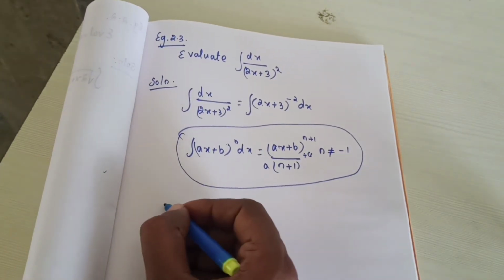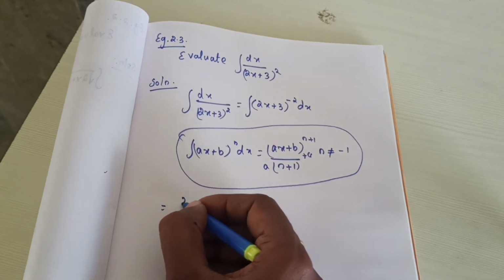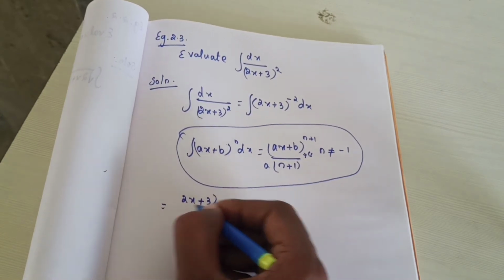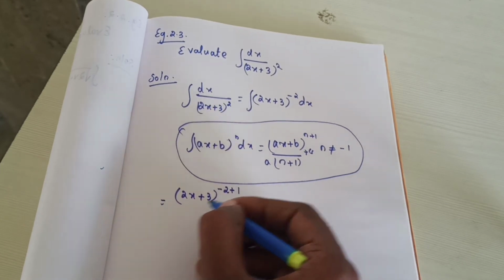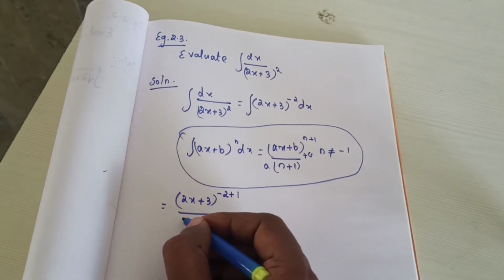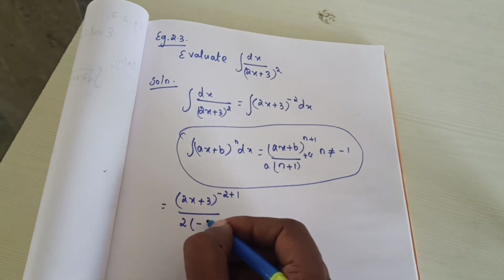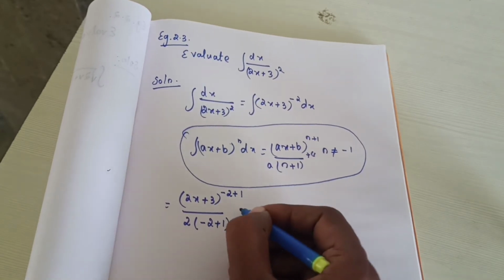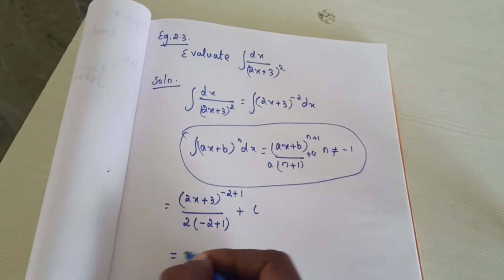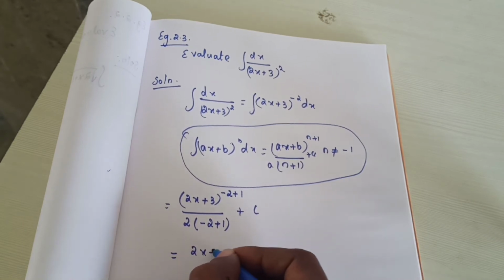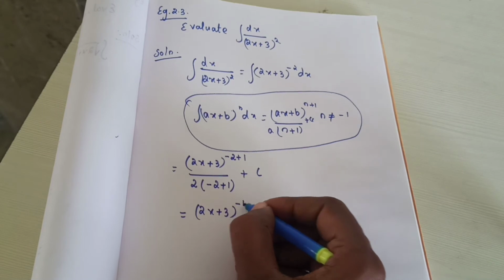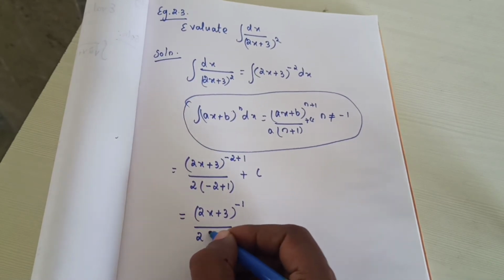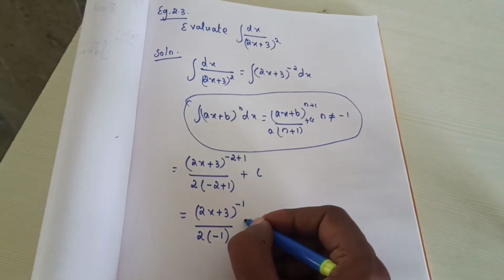Now apply. That's equal to (2x plus 3) the whole power minus 2 plus 1, divided by, what's the a value? 2 into (minus 2 plus 1), plus c. Okay, that's equal to (2x plus 3) to the power minus 2 plus 1, which means minus 1, divided by 2 into minus 1, correct, plus c.